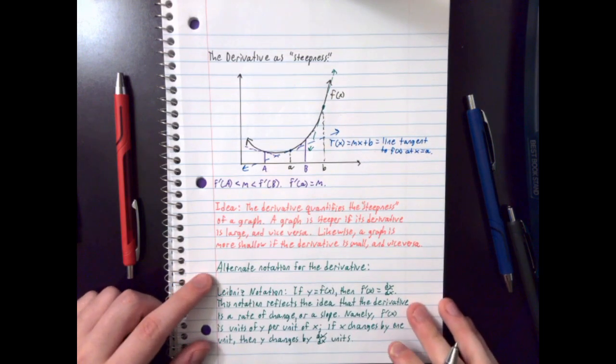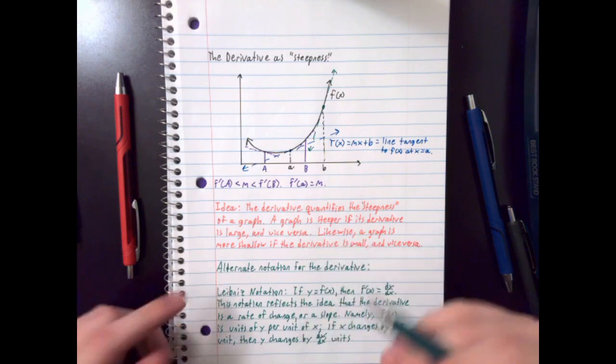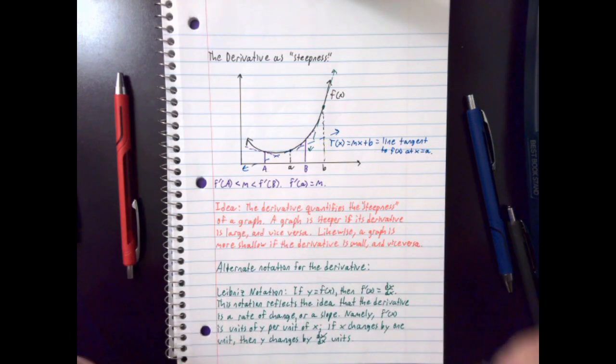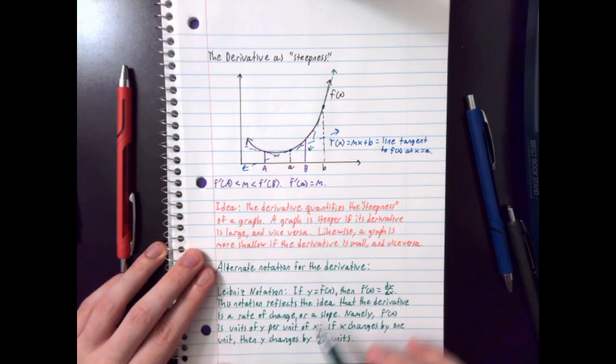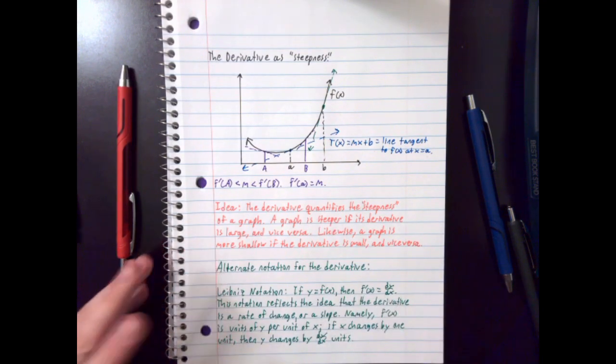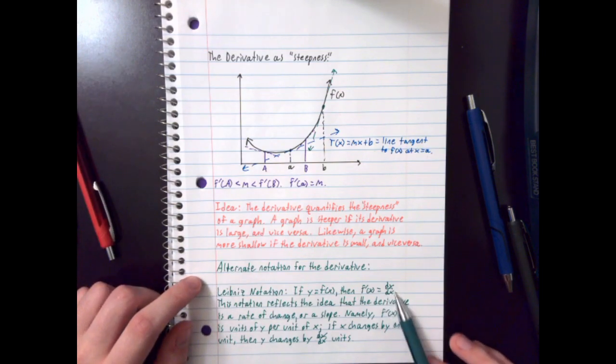And this is precisely what the slope of a line is. If I have a line that is 5x plus 1, then the 5 there says that for every one value I increment x, the value of y is going to change by 5. I'm going to add 5 to the value of y. Leibniz notation is convenient in that it allows us to think about the derivative as what it represents, a rate of change.